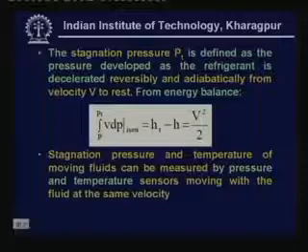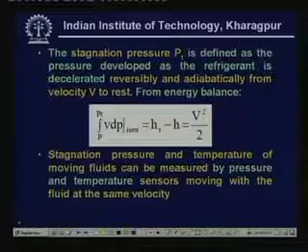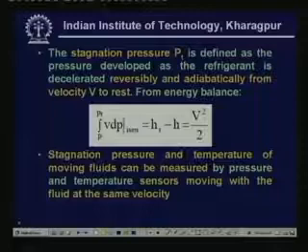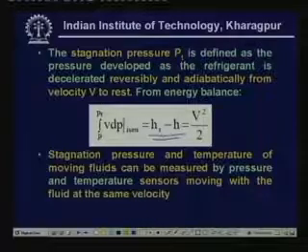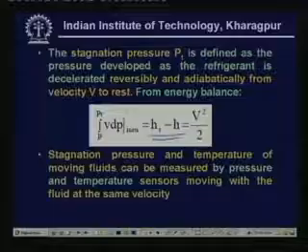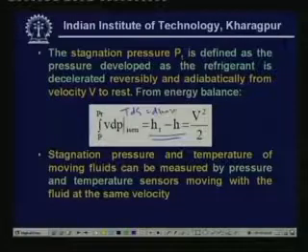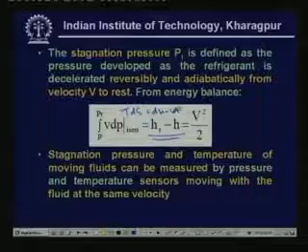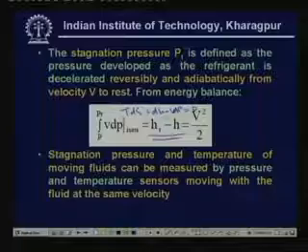From energy balance, when you reversibly and adiabatically bring down the velocity from value V to 0, you get this expression: hT minus h is equal to V squared by 2. To get this expression you have to use TdS is equal to dh minus VdP, and this is a reversible adiabatic process, so dS is equal to 0. So dh is equal to VdP.